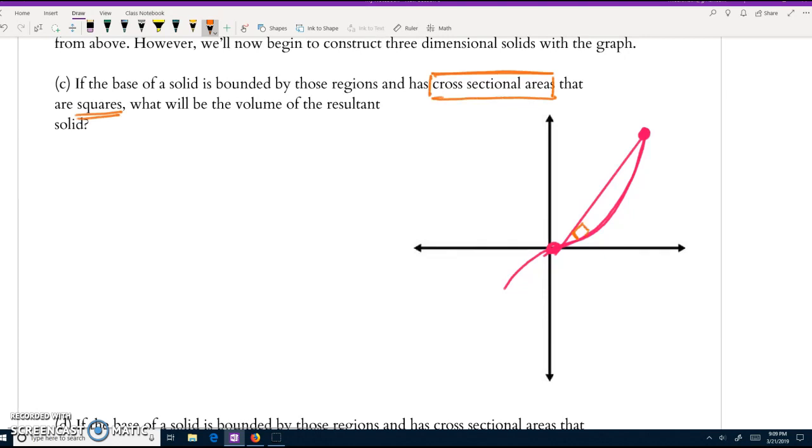If you can imagine a square coming off of my page here, and here, and here, I can construct a three-dimensional solid this way. Visually, this is going to look quite a bit different than my three-dimensional solid would if I was constructing a rotational structure from a washer method problem.